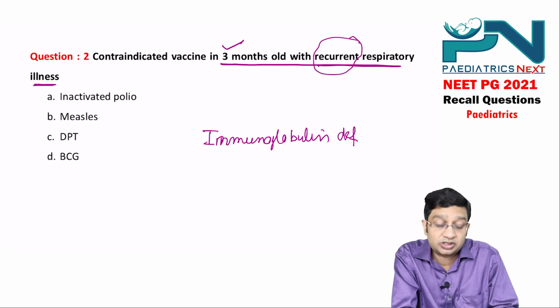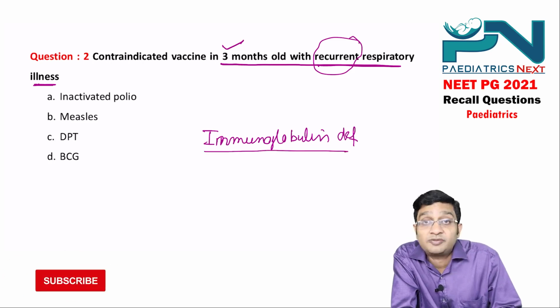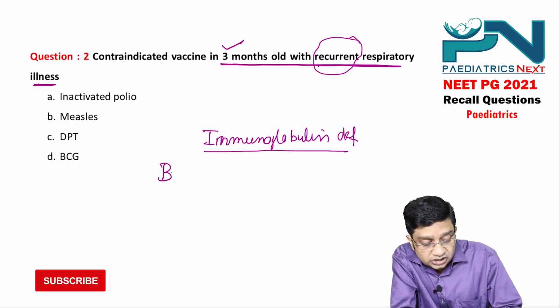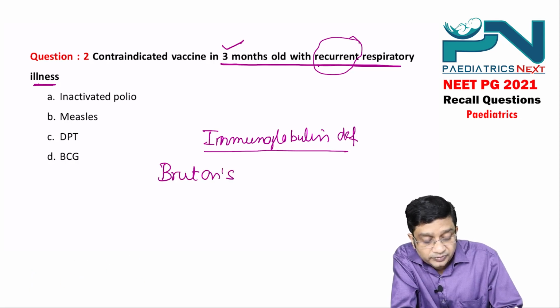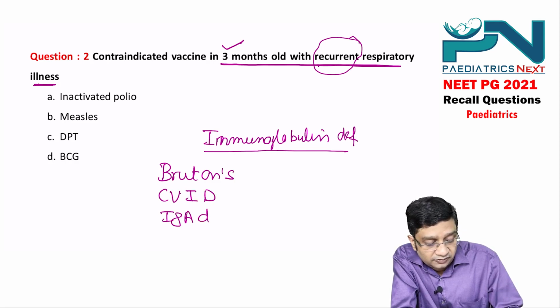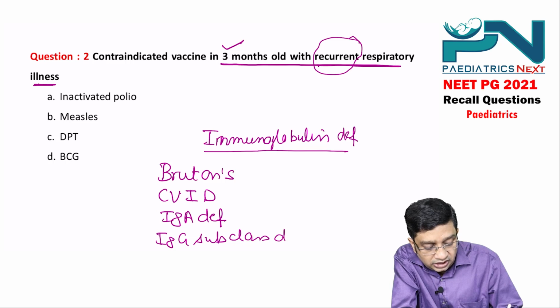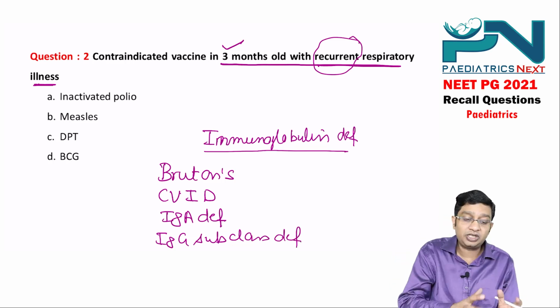The age group given was 3 months. So mostly immunoglobulin deficiency, which includes Bruton's disease, common variable immunodeficiency, IgA deficiency, and IgG subclass deficiency. Mostly it is one of these conditions.